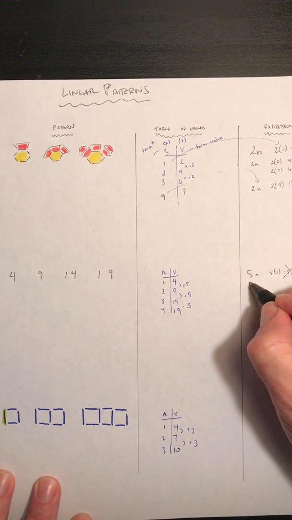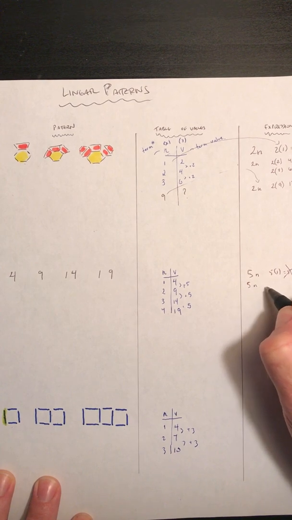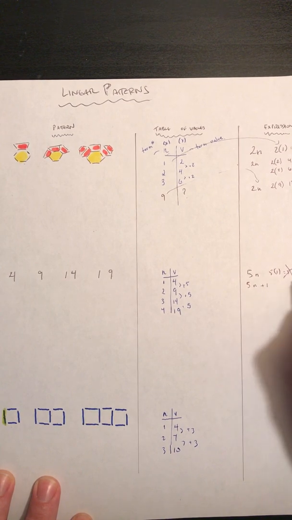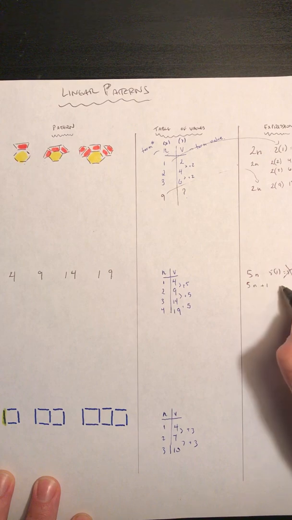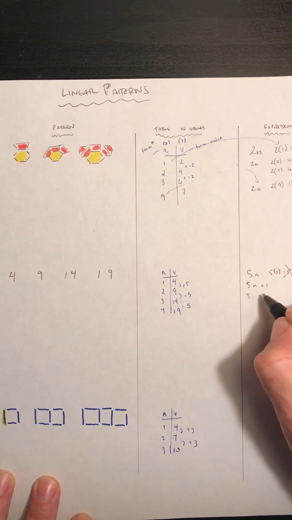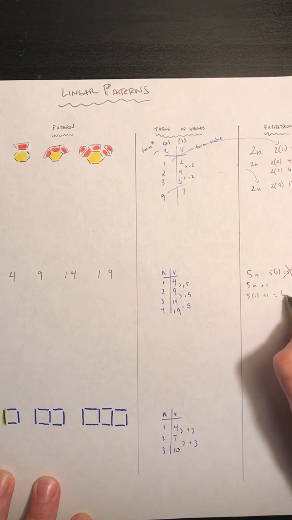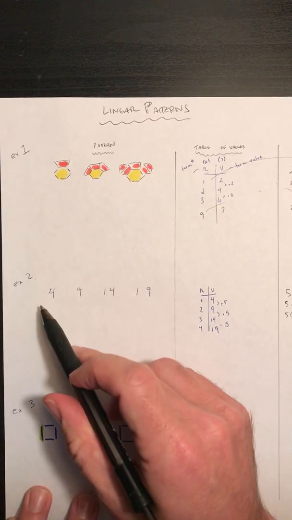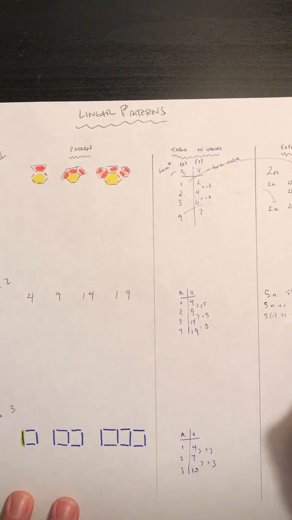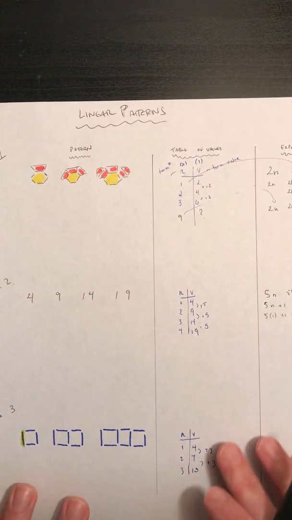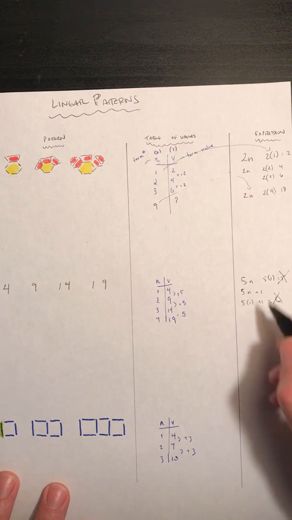Let's try this. If I went 5n plus 1, let's try that. 5 times 1 is 5, plus 1 is 6. My first term is 4. It's not going to work. Why don't we try this?